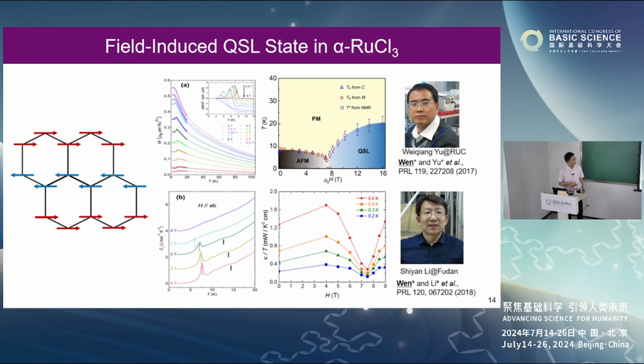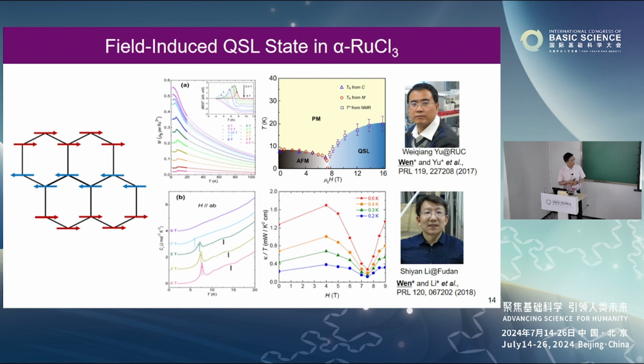They both found that there is a quantum critical point around 7.5 Tesla, and they also got some evidence showing that the system may develop a quantum liquid state near this critical point.